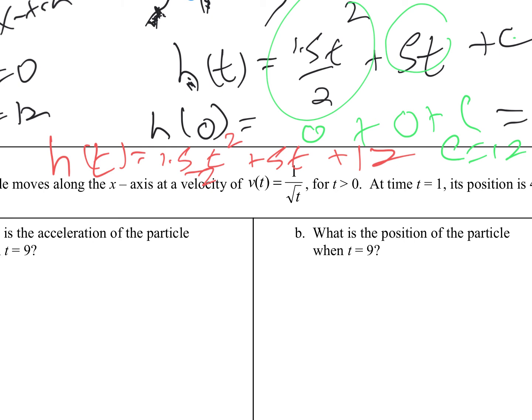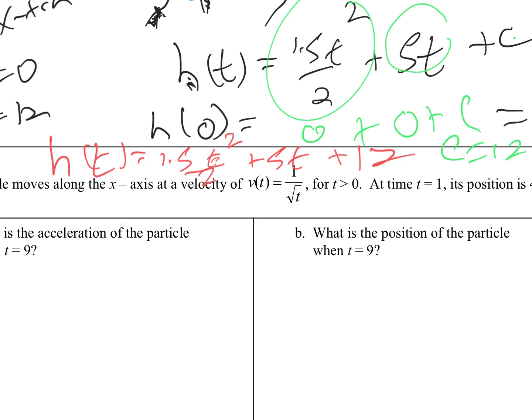So if I take 3 and plug it in, you might have to use your calculator. 3 squared is 9. Can someone do 1.5 times 9 divided by 2, please? 6.75. Okay, hold that. Add that to 5 times 3, that's 15. 21.75. Plus 12. 33.75.